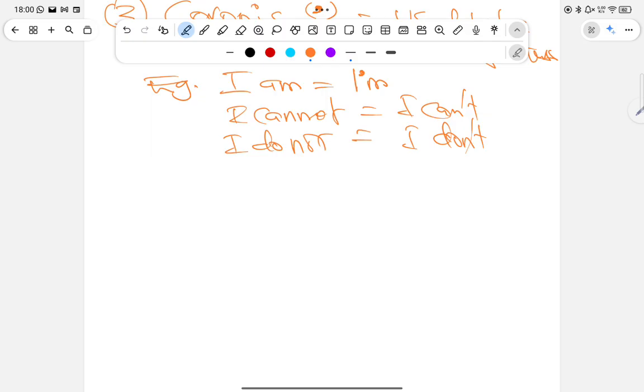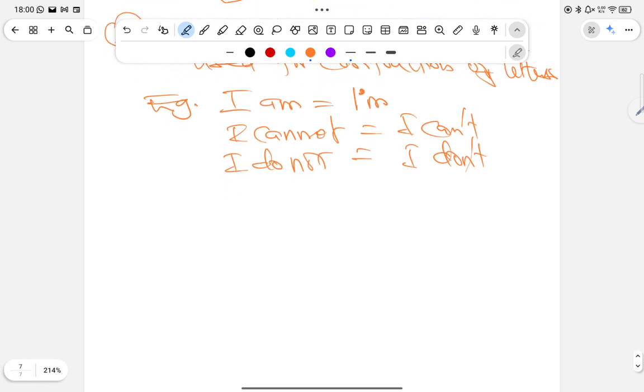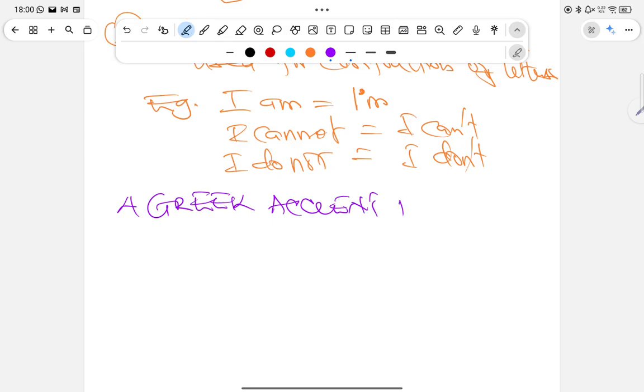Let's look at the last of the marks, which is the Greek accent marks. And so that is number 4, the Greek accent marks. Now, Greek has 3 accent marks.